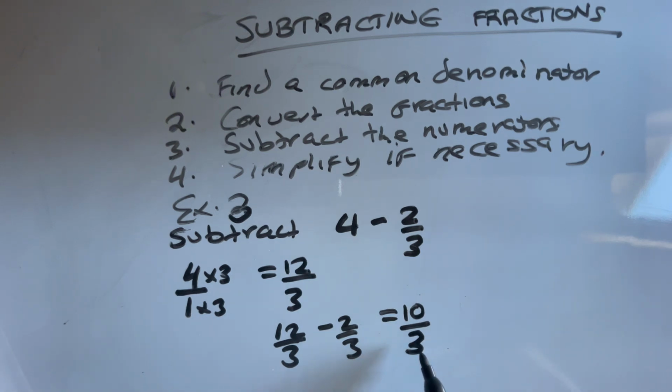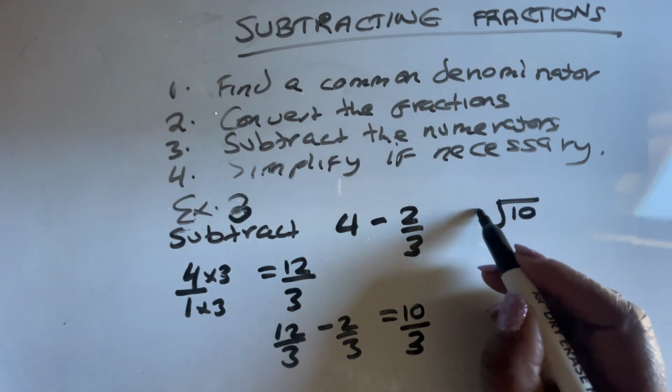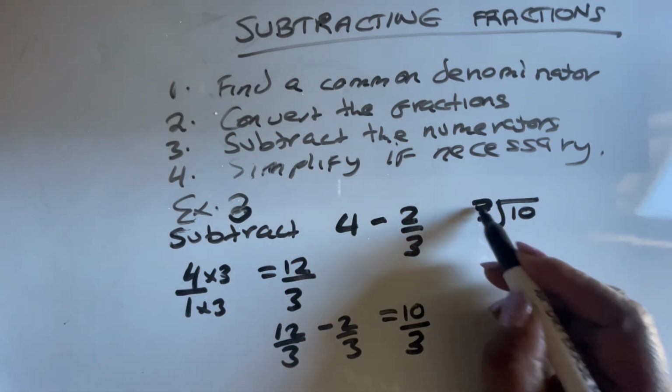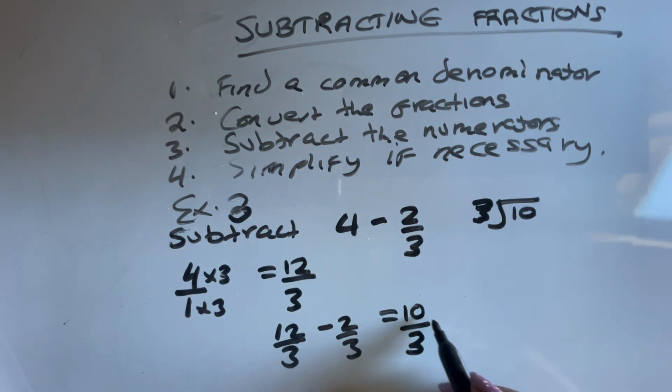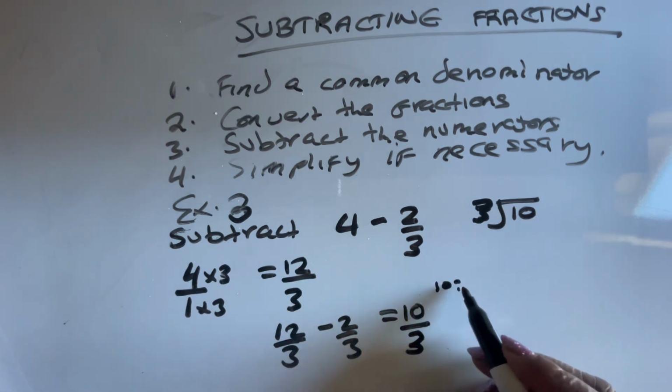Now that we have 10 over 3, we're going to convert this improper fraction back to a mixed number. We do this by taking 10 and dividing it by 3. Because this fraction literally means 10 divided by 3.